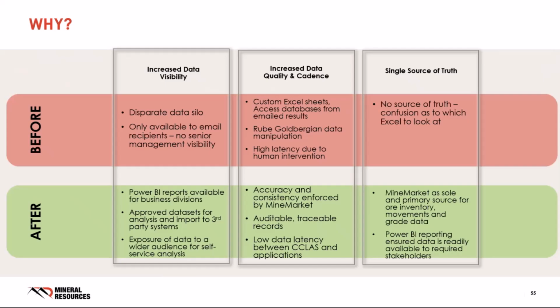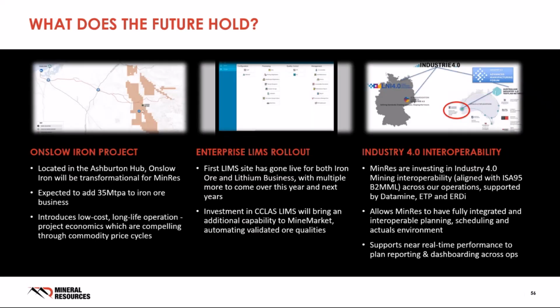Okay, so what else is next? What does the future hold for us? Oh, I'm blitzing through this. All right, so, online for our Onslow Iron project, up in the northwest, located in the Ashburton hub. Onslow Iron is our premier iron ore mine for MinRes.